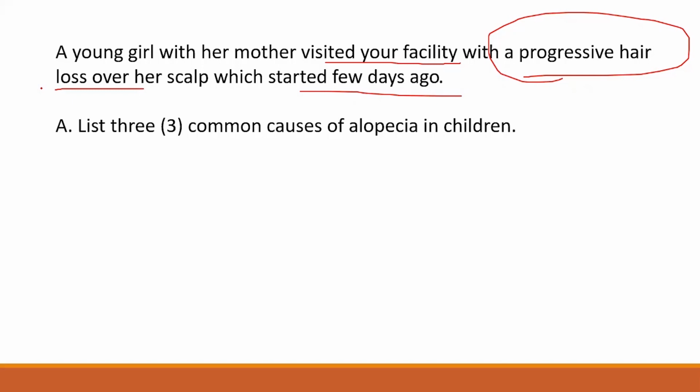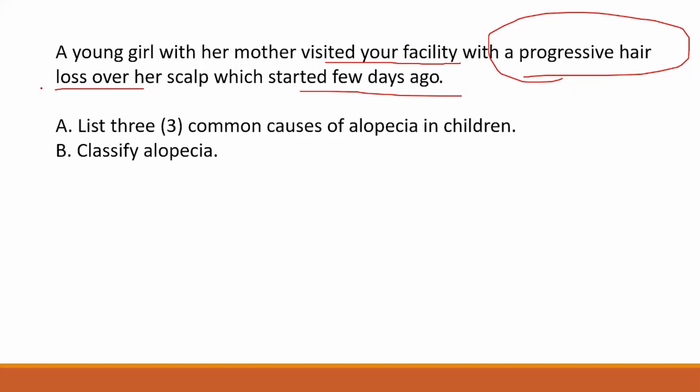All right, so these are the basic causes of alopecia. Classify alopecia. Alopecia can be classified into two: the scarring and the non-scarring. When we talk about scarring, as the name implies, there's scarring at the end of the alopecia.